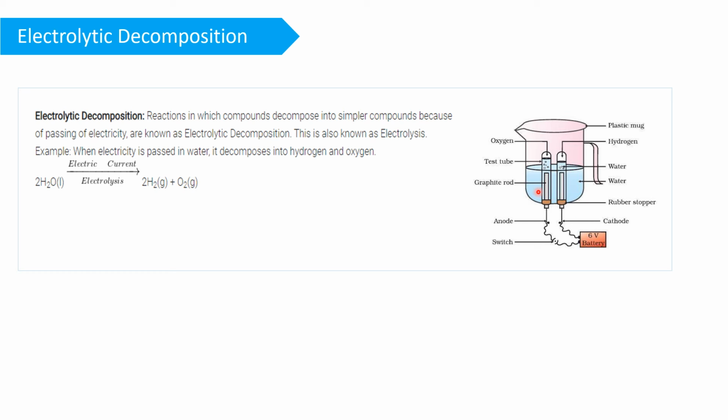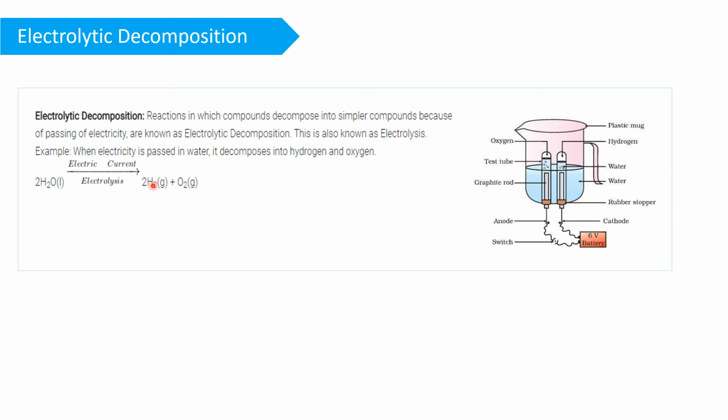We know the evolution of hydrogen and oxygen. How will you find out in which test tube hydrogen is evolved and in which test tube oxygen is evolved? By a simple concept, we know opposite charges attract each other, right?